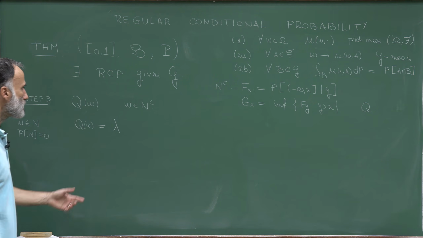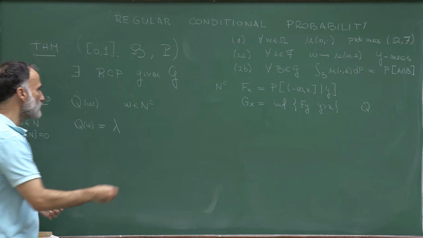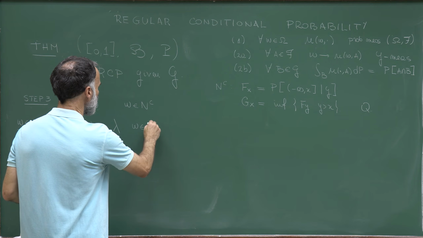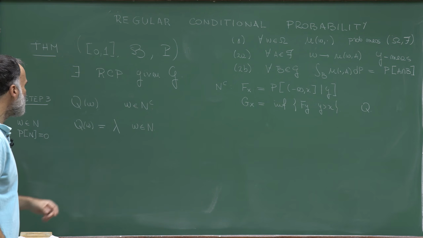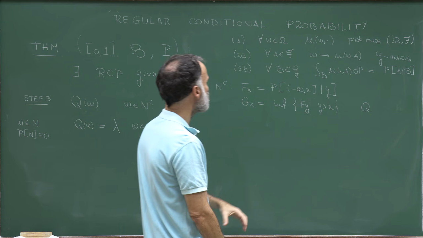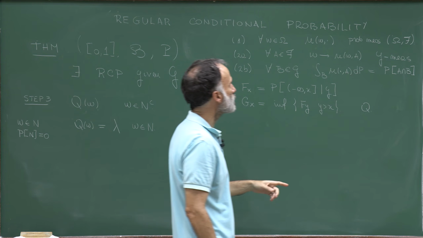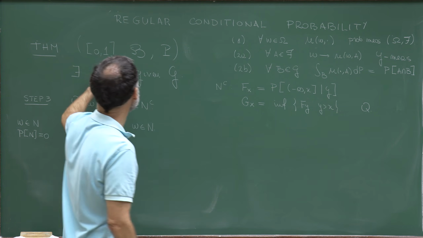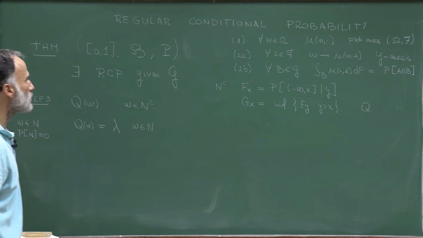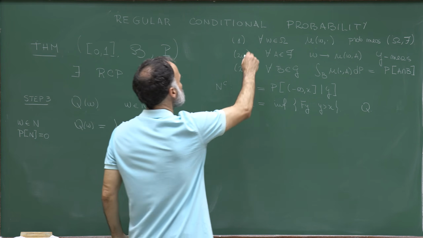So L is the Lebesgue measure defined in [0,1]. And let me set Q(ω) to be this measure if ω is in N. Now, we have the first property. The first property is matched. For any ω, Q(ω) is indeed a probability measure defined on [0,1] with the Borel sigma algebra. So the first property holds.